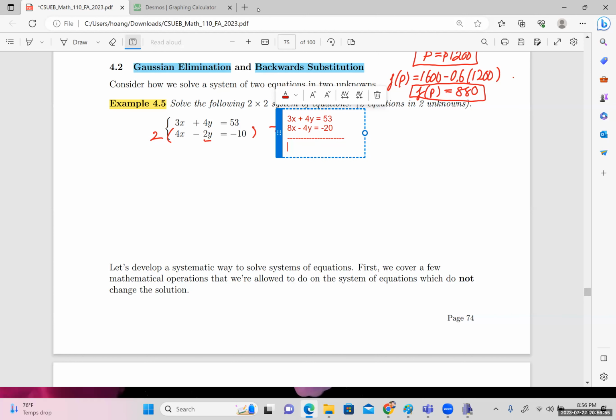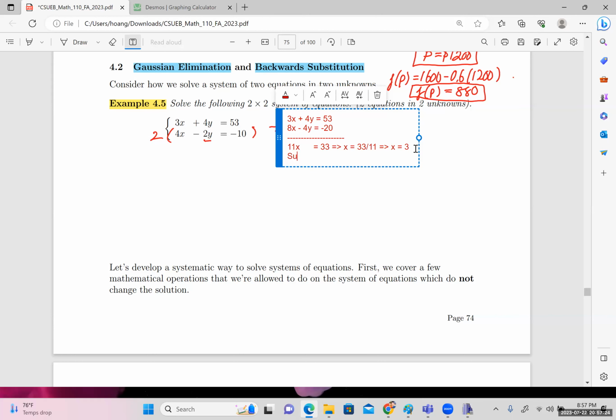So we have 11x equal to 33, right? So then we have x equal to 33 divided by 11, x equal to 3.